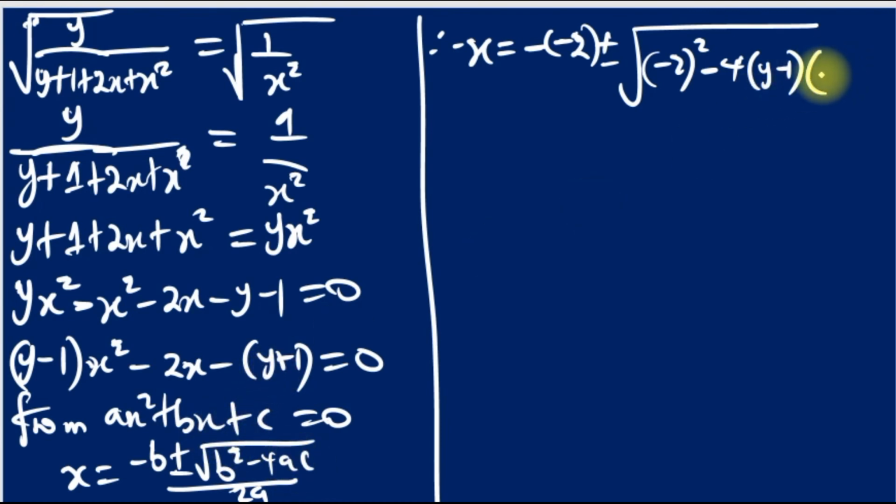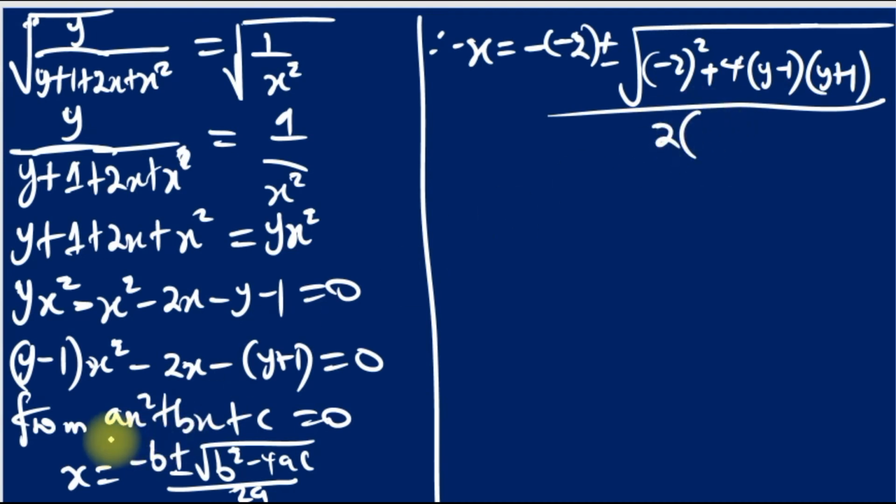C is what? Minus y plus 1. So this becomes plus y plus 1, over 2, where a is y minus 1.